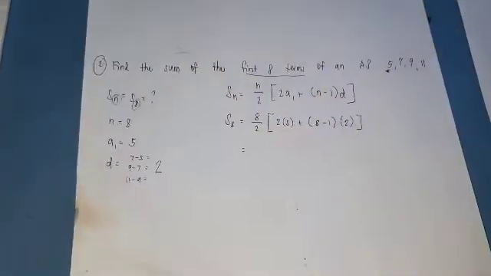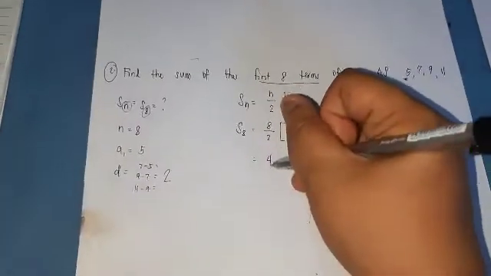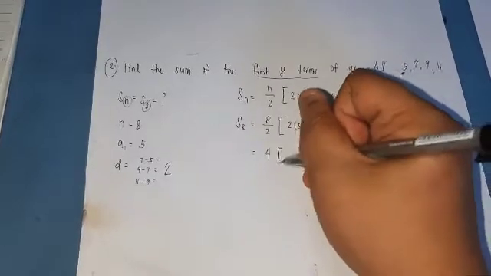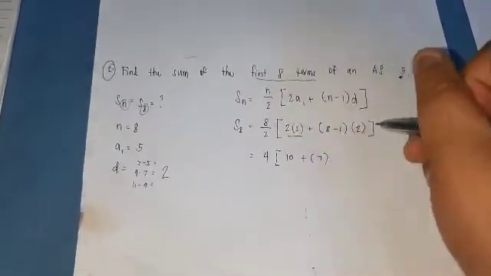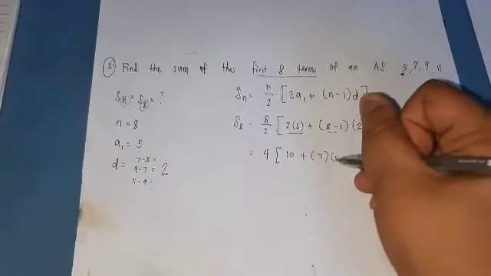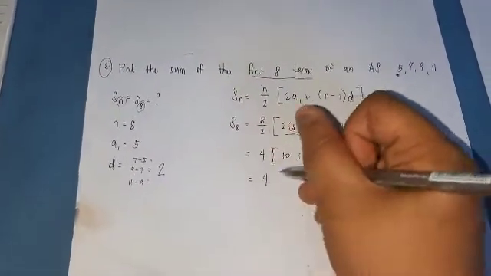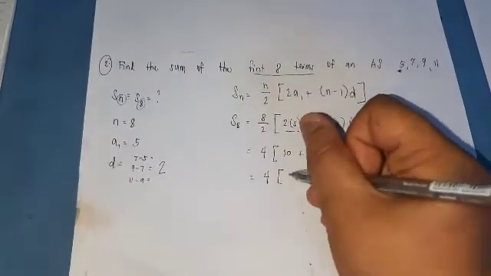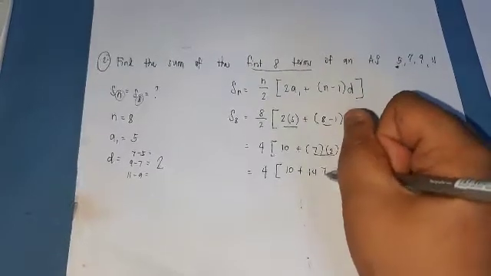Next, we can still divide 8 divided by 2 and it will give you 4, correct? And you're just going to have here 10 plus 7 times 2. So you're going to have 4. You just copy 10 plus your 7 times 2. It will give you 14, correct?